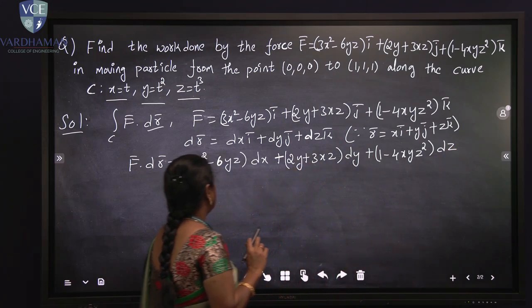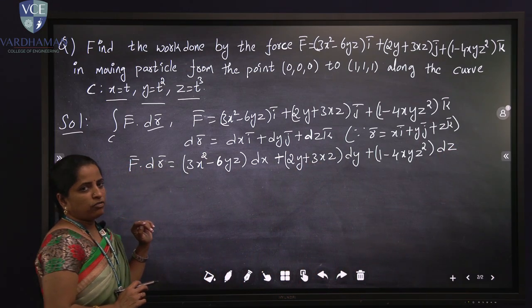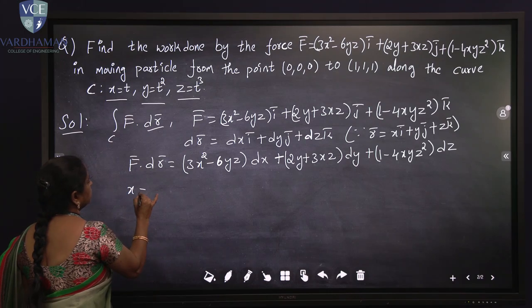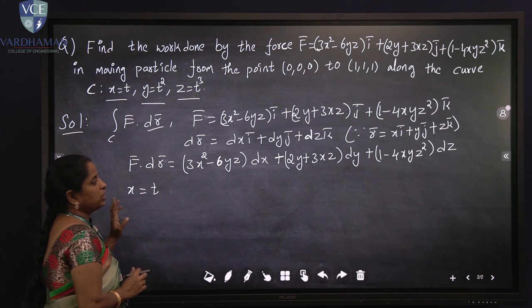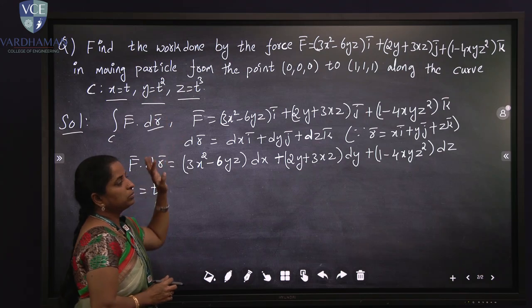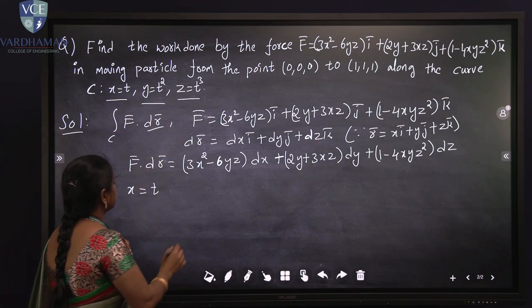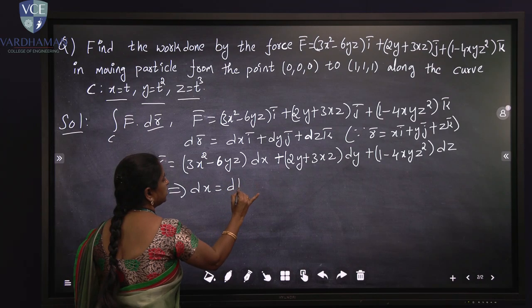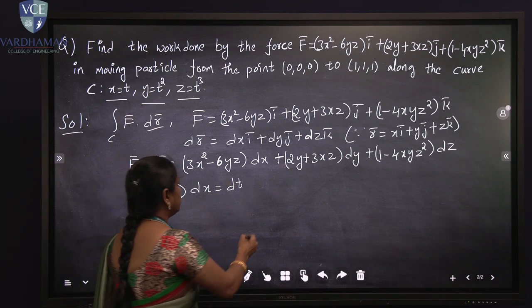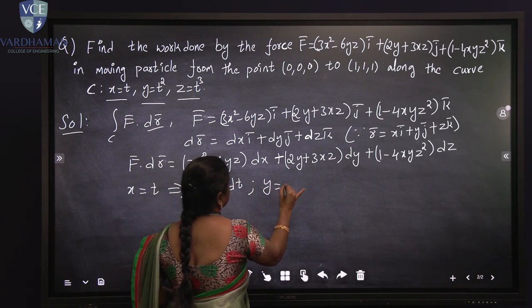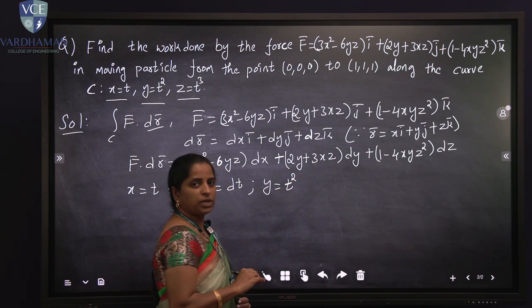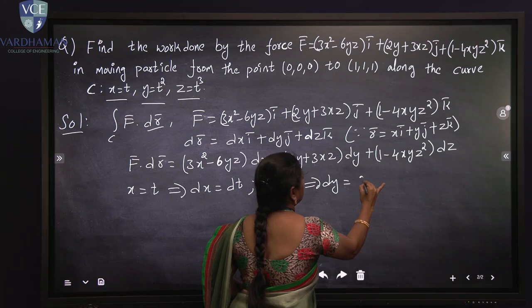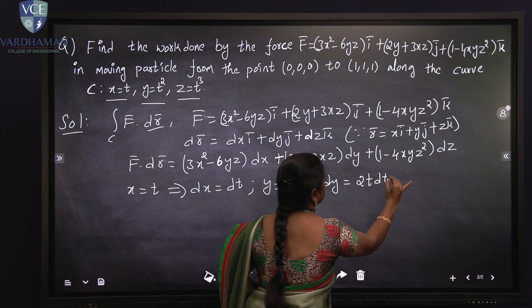dz. Now we have to perform single integration and they have given the curve x equal to t. So we have to convert all x, y, z to t terms. They have given x equal to t, so dx equal to dt. Next, y equal to t square means dy equal to 2t dt.